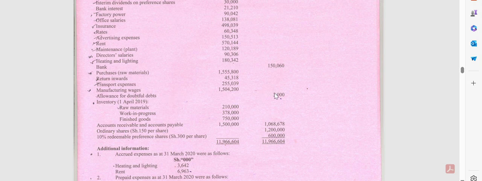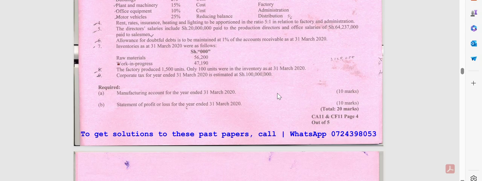So the beginning of the year was 3,000. We are going to calculate at the end of the year, meaning we can get in between what we call allowance for doubtful debt for the year, and that will be recorded in the income statement, either as an expense if it was an increase, or if it is a decrease as an income.